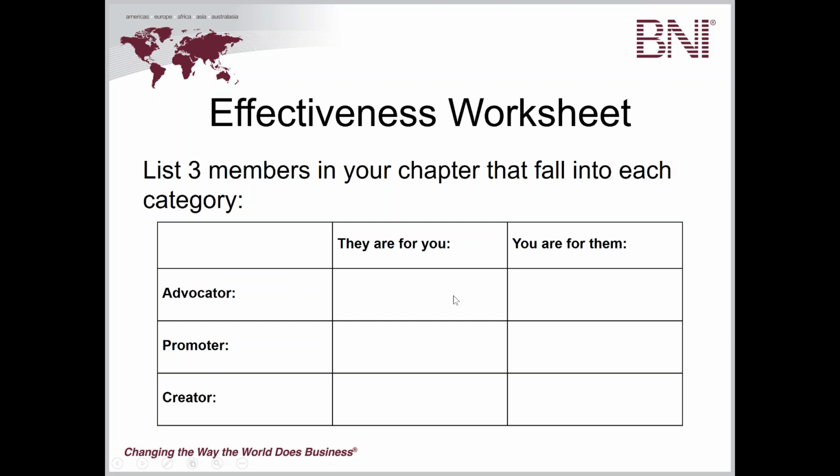Maybe you have a bunch of advocators. At least they're on the chart, so don't be bummed if you're looking at your roster and going, well, 75% are in the advocator position, and dang, how do I move them? Well, it means you have a little bit of work to do. So what if you make a list of 1 a month, 3 a month, however many you don't feel overwhelmed with doing.